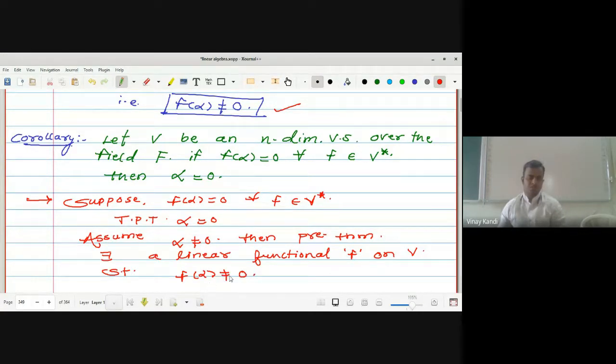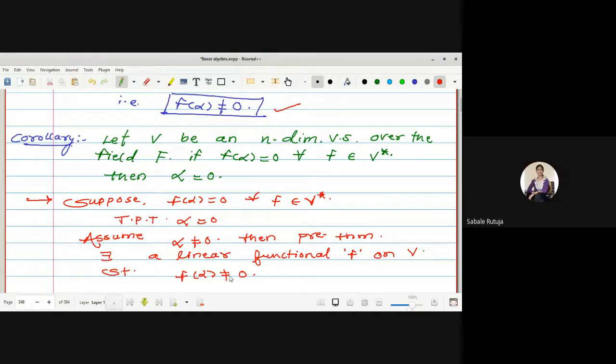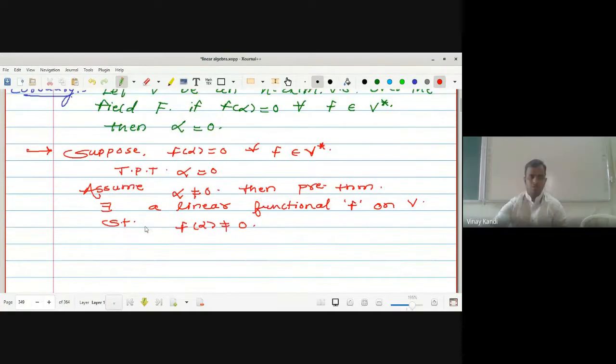Is it correct? Yes, sir. So if alpha is not equal to 0, then by the previous theorem, there exists a linear functional f on capital V such that f of alpha is not equal to 0.